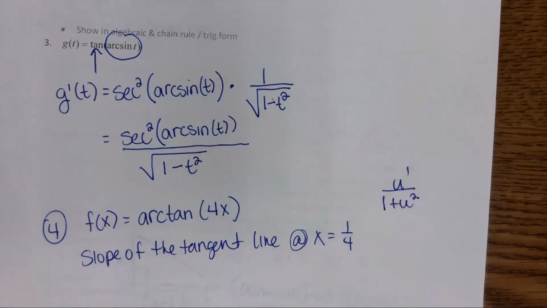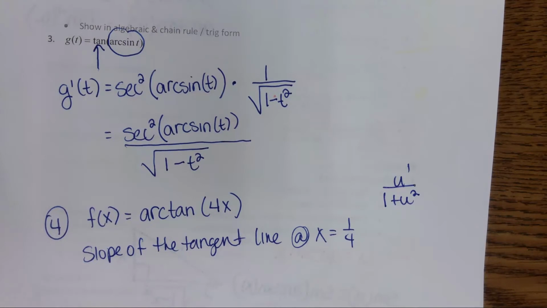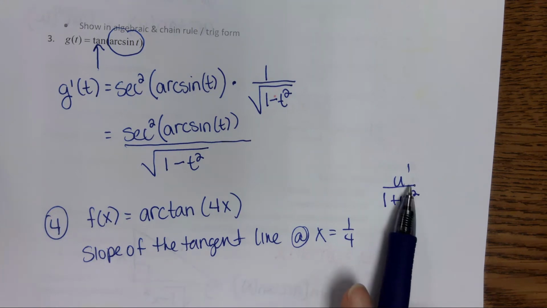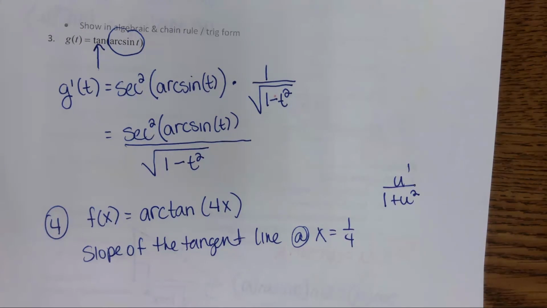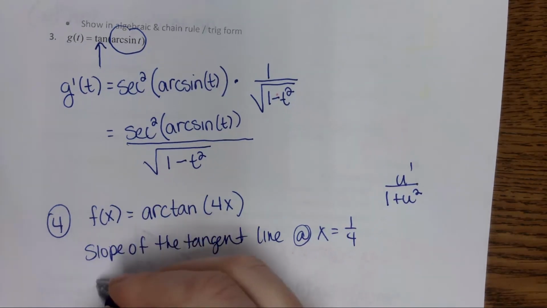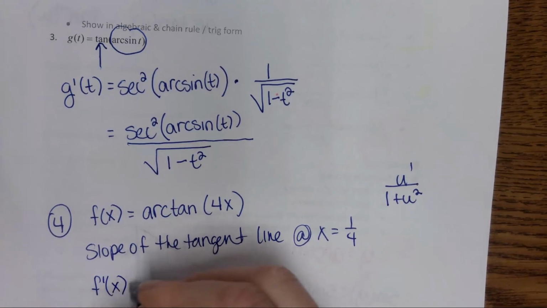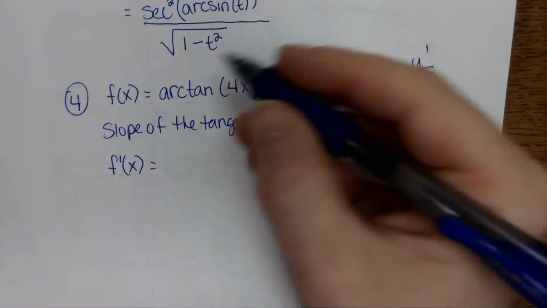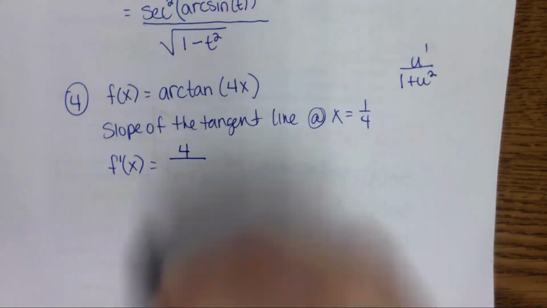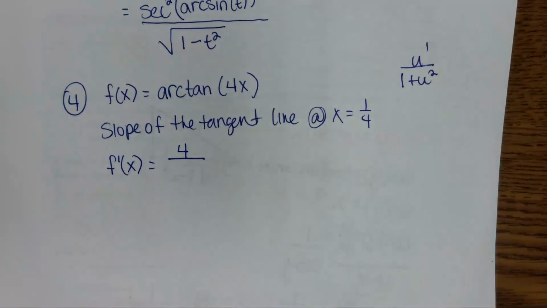Okay, so what's our function? What's our inside function here? 4x. So when we're doing the derivative of that, there's going to be a 4 on the top. And when we're squaring that, we have to make sure we square 4x. So f prime of x equals, on the top, we're going to put our 4 over 1 plus u squared.